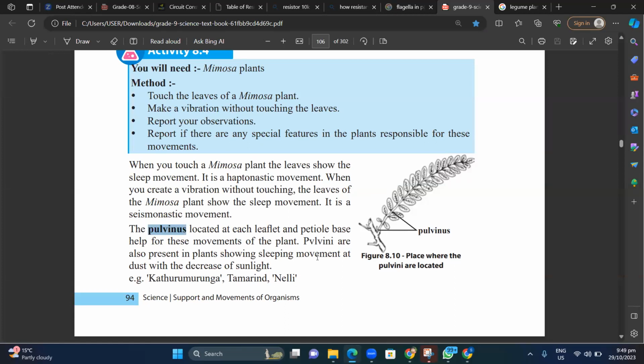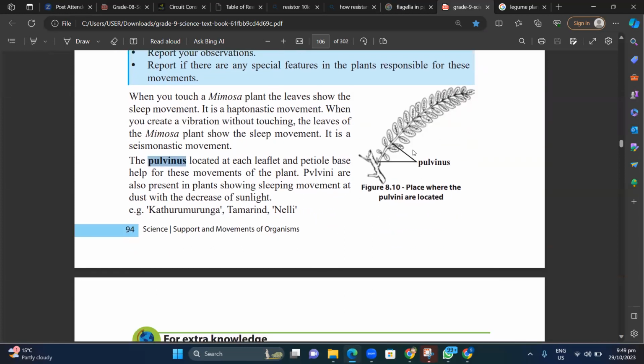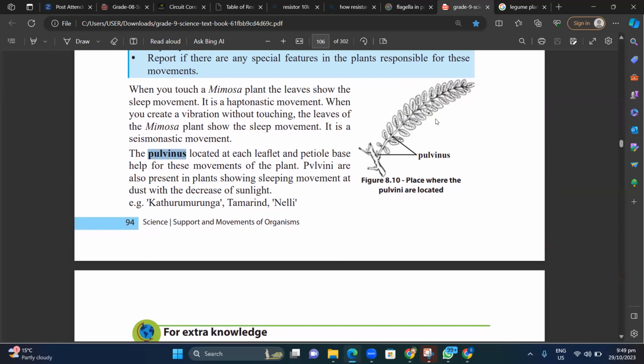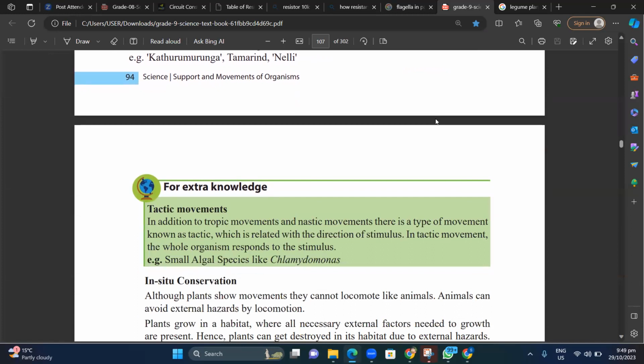This movement is present in plants showing sleeping movements. They are the ones that suddenly fold the leaf up, through the pollinus. Right, this is basically in tamarind, nelly and light sensitive plants, as well as the mimosa plant.